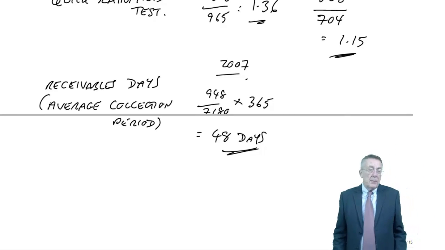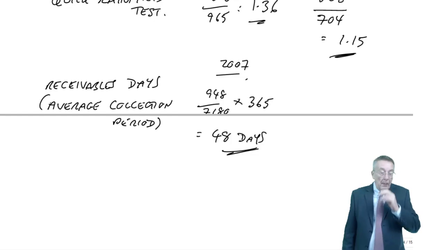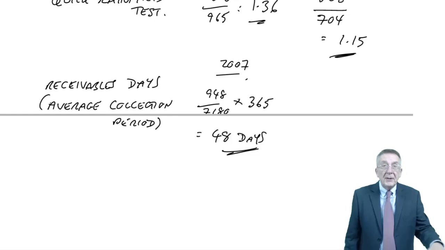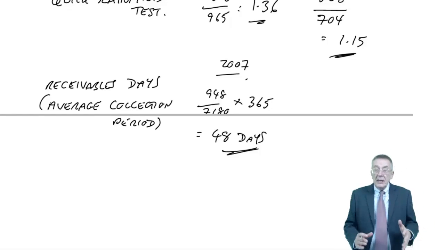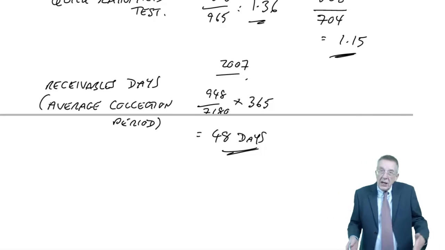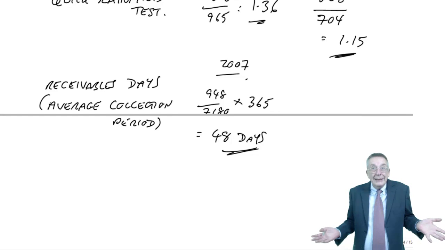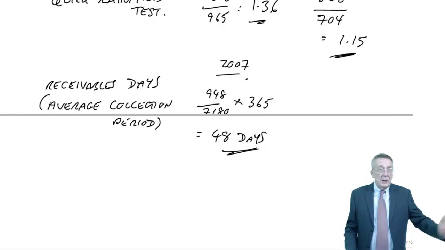And secondly, and a big problem with a lot of ratio analysis, but particularly here, we've had no choice but to use end of year receivables. And they may be unusually high because just before year end we had a lot of sales, or they could be unusually low. Much better would be to look at the average over the year.